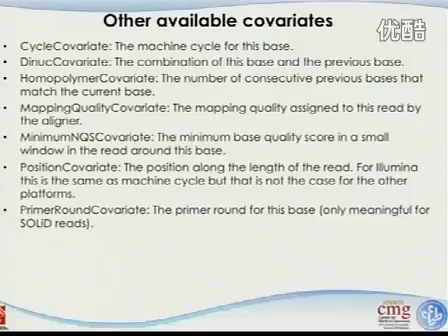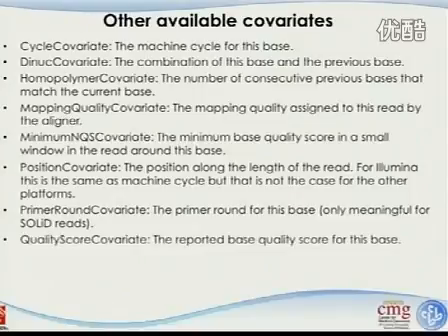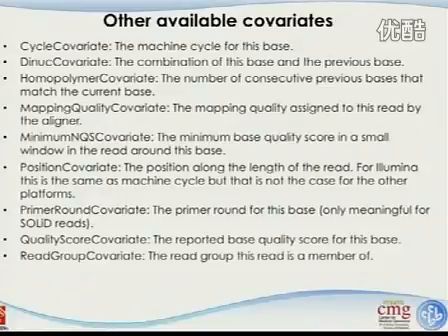And the primer round for this base is only meaningful for SOLiD reads, I don't understand what that is. The reported base quality score for this base, and the read group of this read, meaning the barcode for the barcoded samples. All these things are different covariates that you can build into this recalibration process.